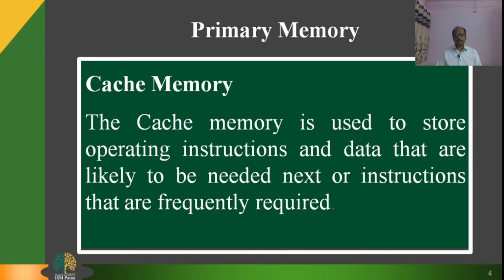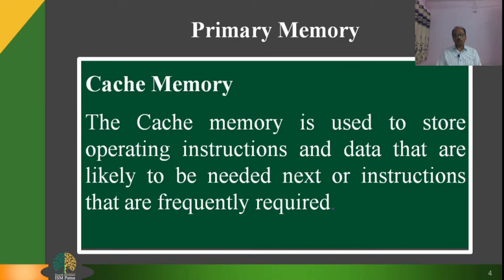This increases the speed of processing. So, the cache memory chip is a static memory chip and is always located in between the processor and RAM. Cache size varies from 64 kilobyte to 32 megabyte.